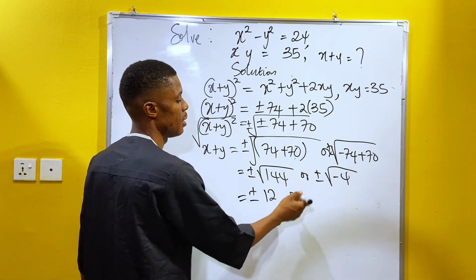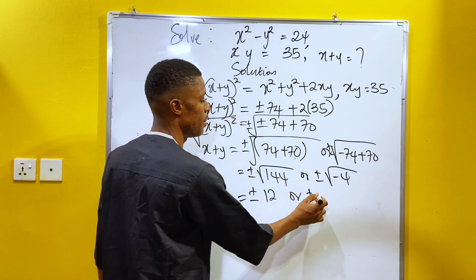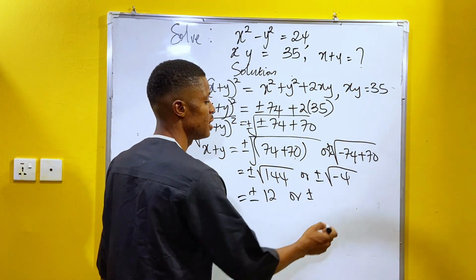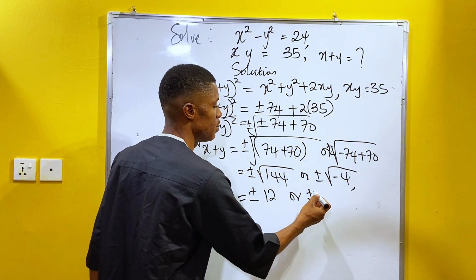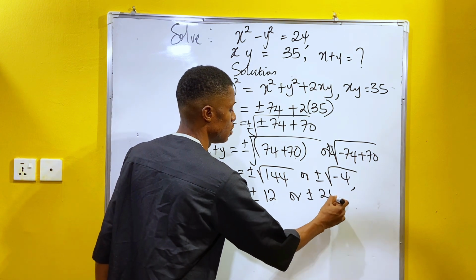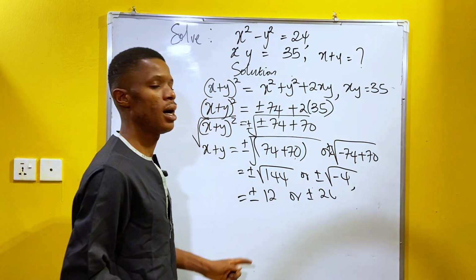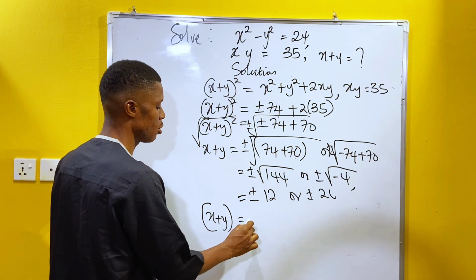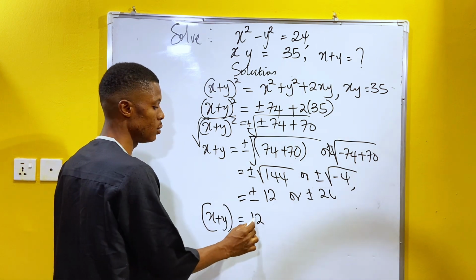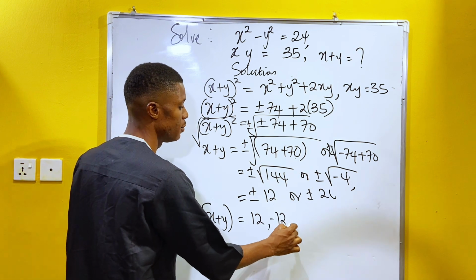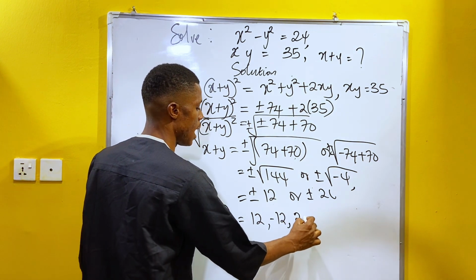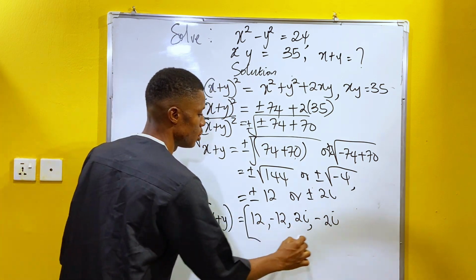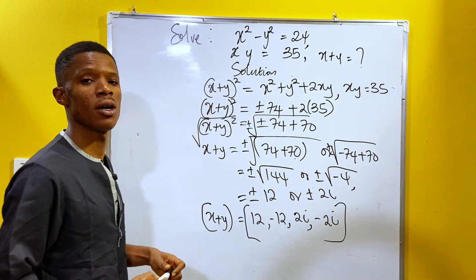So this shows that the solutions for x plus y are 12 for the positive solution, minus 12, 2i, and minus 2i. These are the possible solutions of x plus y.